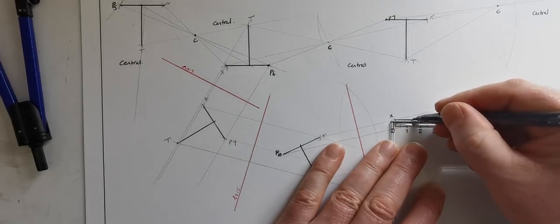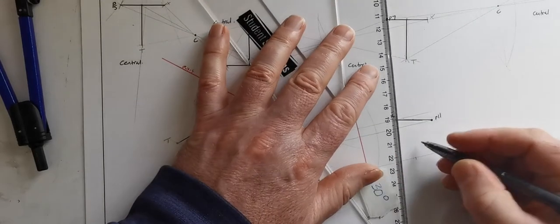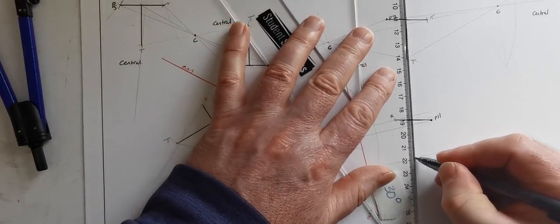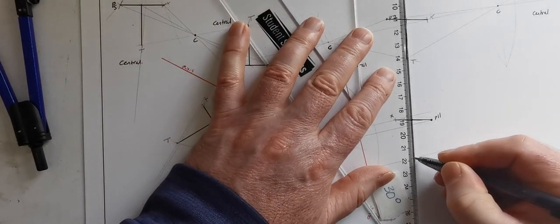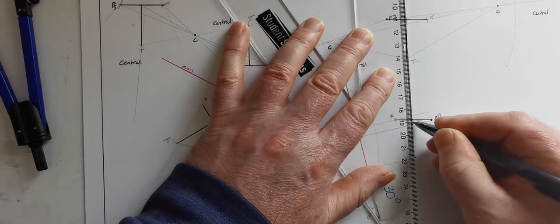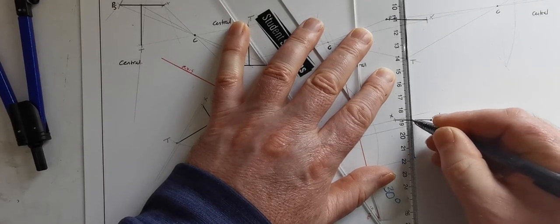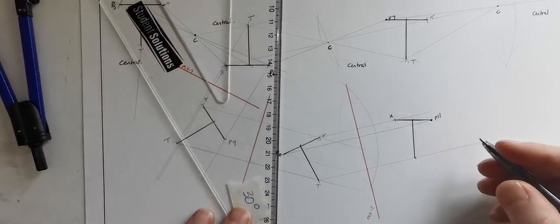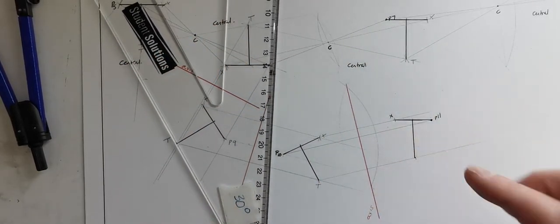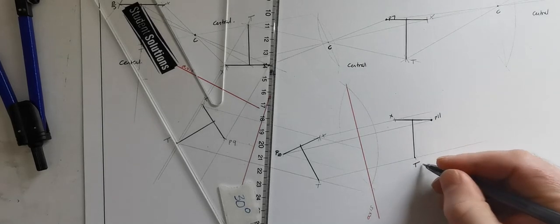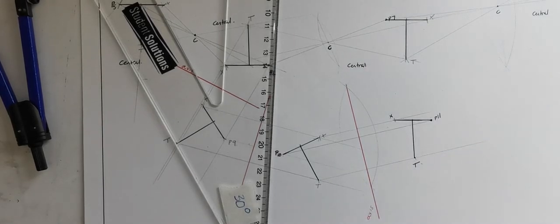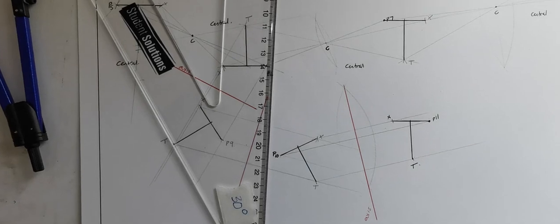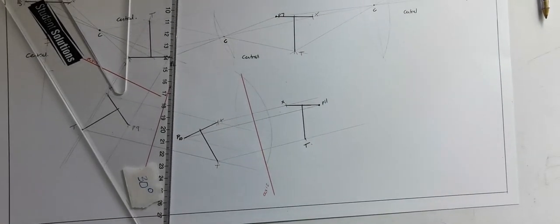Here's the middle, and that goes down to T. And there. And we have room for one more go there, so why not? No point in wasting the page.